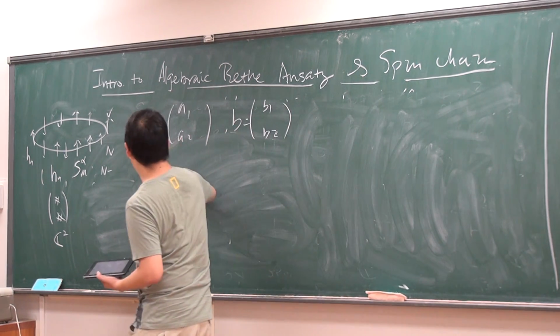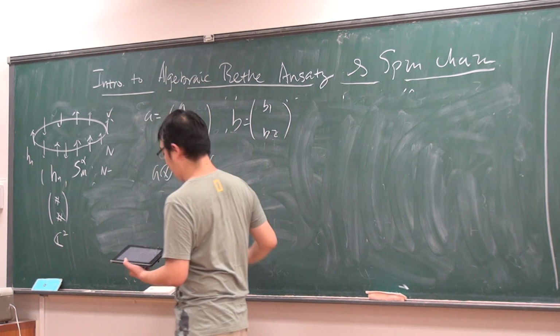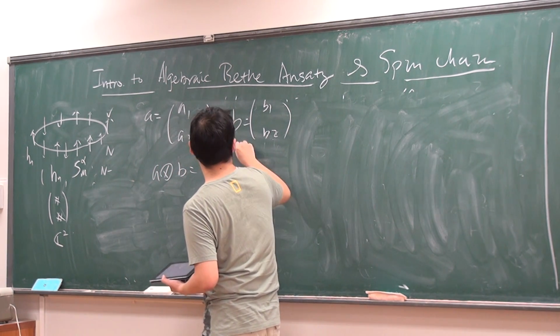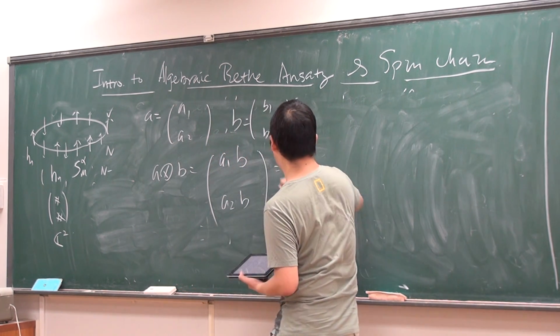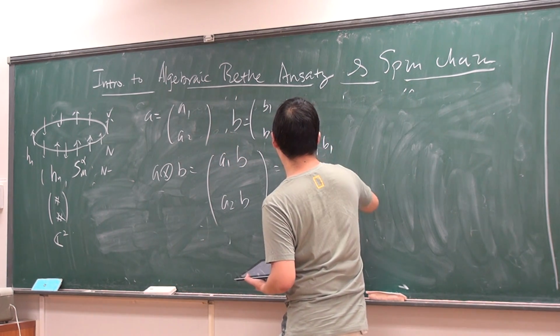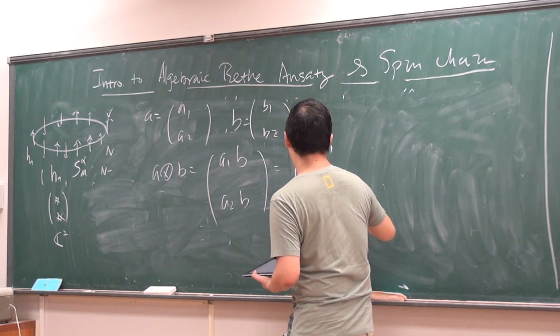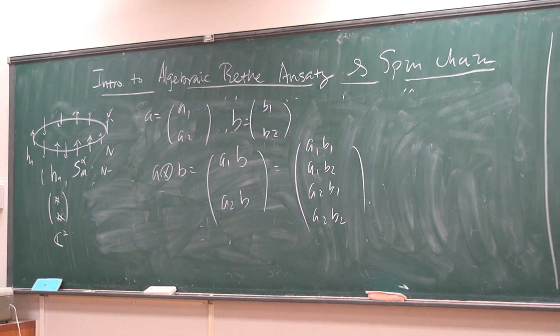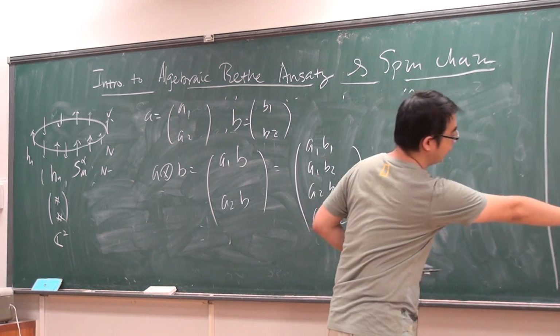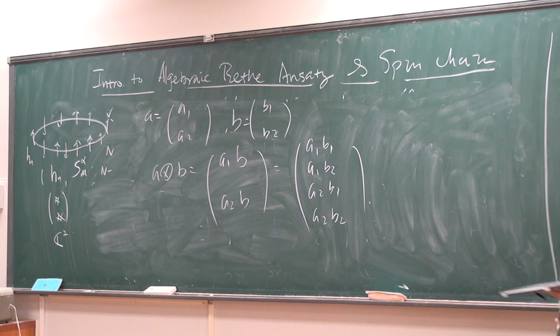So A tensor B really means A1 B, A2 B. Or we can write it out: there will be 4 components: A1 B1, A1 B2, A2 B1, A2 B2. Good. So basically, if you have this matrix acting on this vector, we have a 4 by 4 matrix multiplied by a column vector with 4 entries.